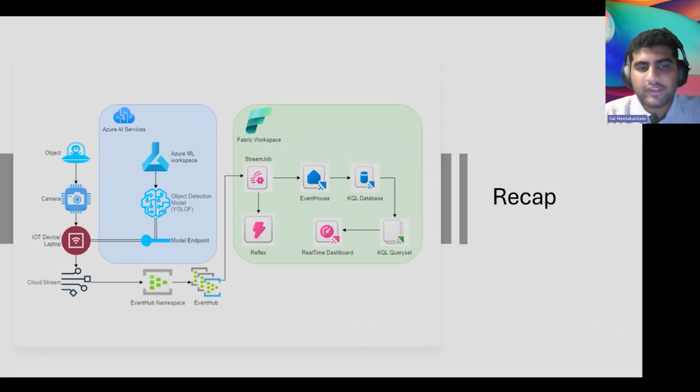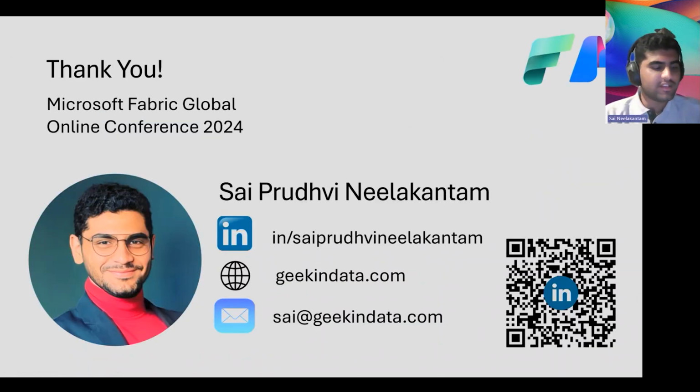We ingest the frames using the Event Hub namespace, consume them using the stream job, store them in the eventhouse and KQL database, and use a KQL query set to query the data and visualize it in the real-time dashboard, and also have a reflex to alert and monitor in real time.